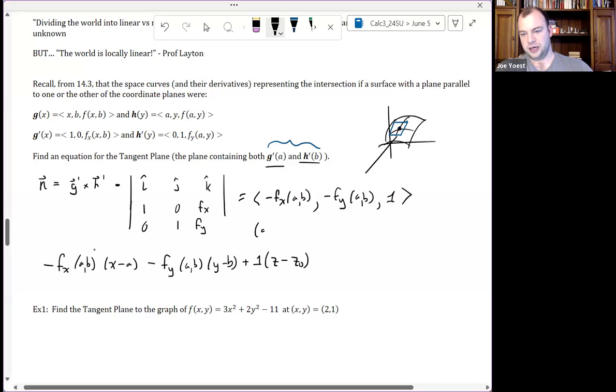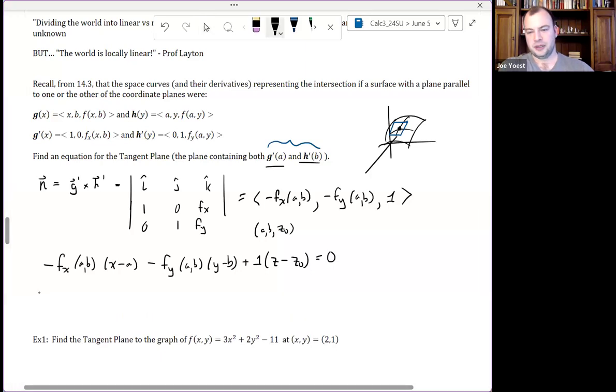This is for the point (a, b, z naught). And that's equal to 0. Or this tells me that z minus z naught equals fx of (a, b) times x minus a plus fy at (a, b) times y minus b.